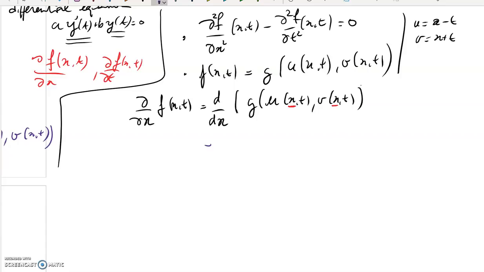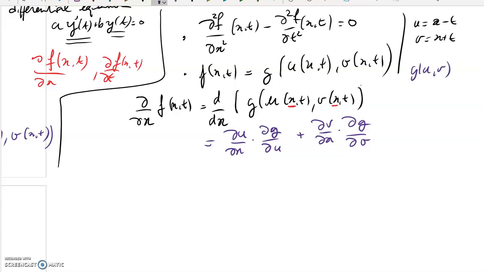You can apply the chain rule very directly, even without thinking too much. I'm going to get du over dx times dg over du, plus dv over dx times dg over dv. As we said, g being a function of u and v, it has two partial derivatives, one according to its first variable, which is called u, and one according to its second variable, which is called v.